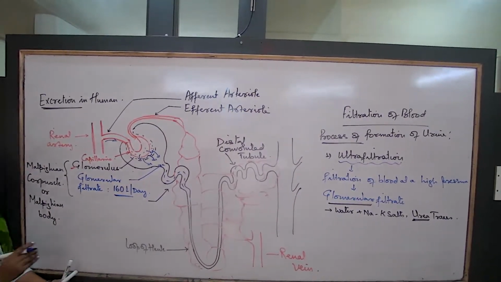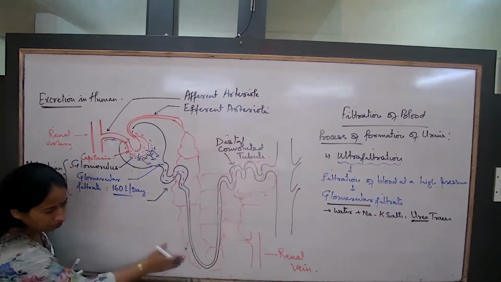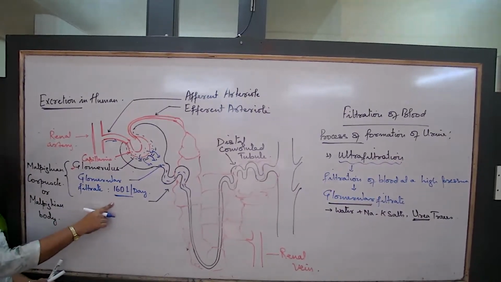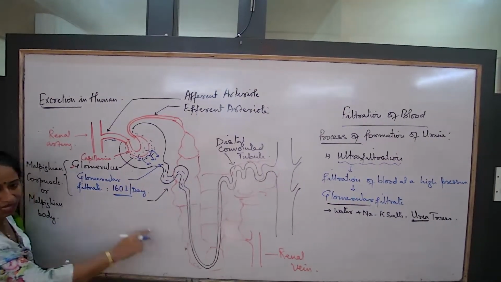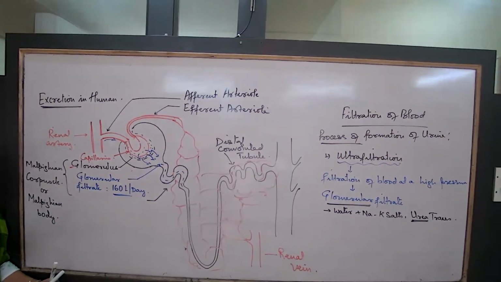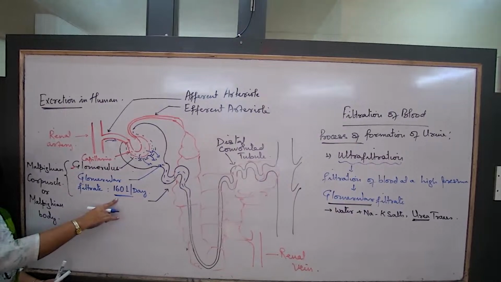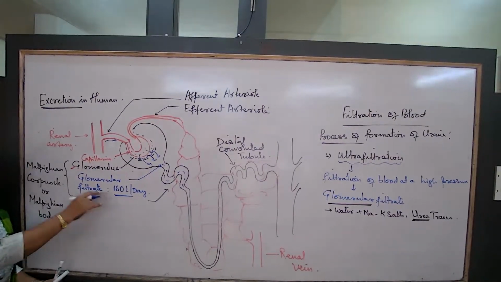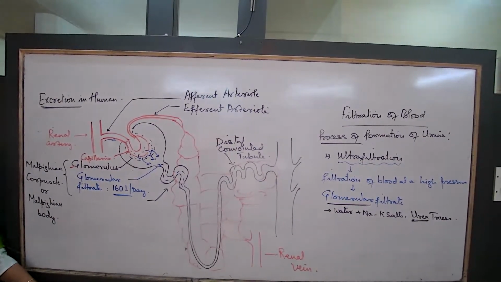So that also gives us an impression that as this glomerular filtrate runs down the entire tubule, some other processes also must happen. Can we afford to lose this much water, this much fluid from our body? We cannot.